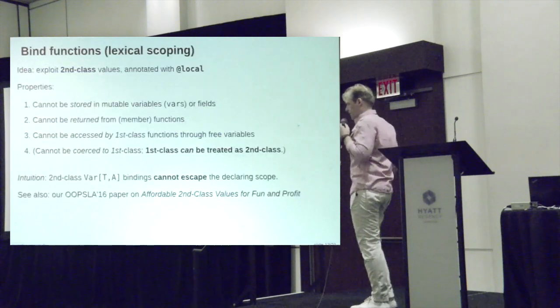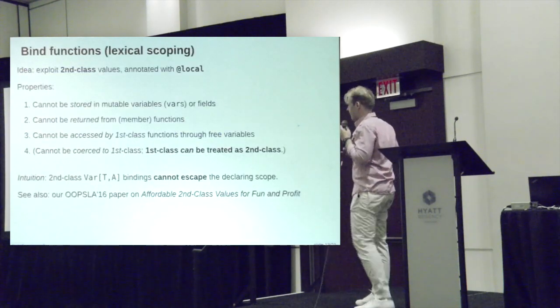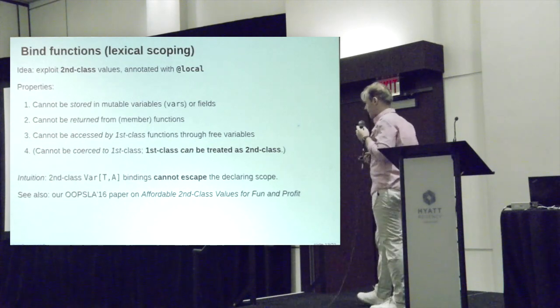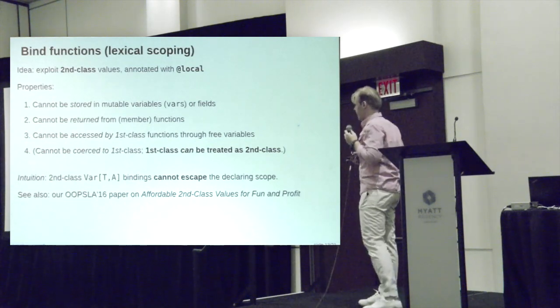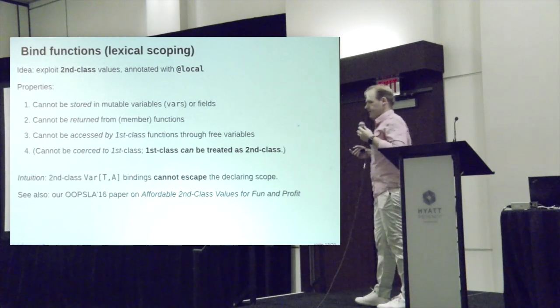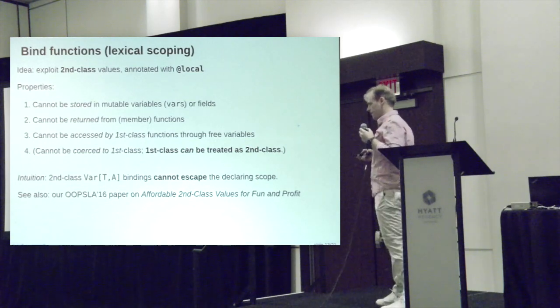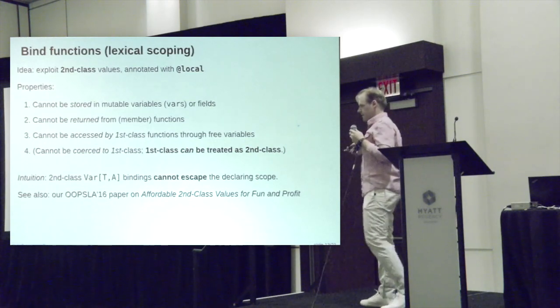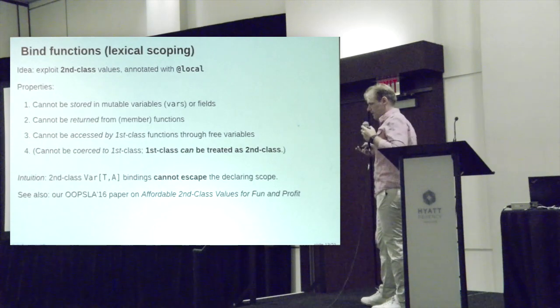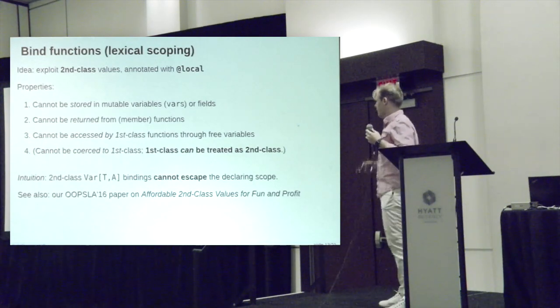Now before we talk about the bind function, let's revisit the second-class values that we introduced in the OOPSLA paper last year. Their key properties are, first, they cannot be stored in a var in Scala, basically a mutable variable. They cannot be returned from a function, and second-class variables cannot be accessed as free variables from a first-class closure.